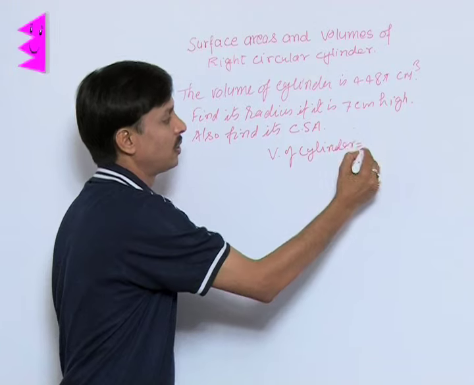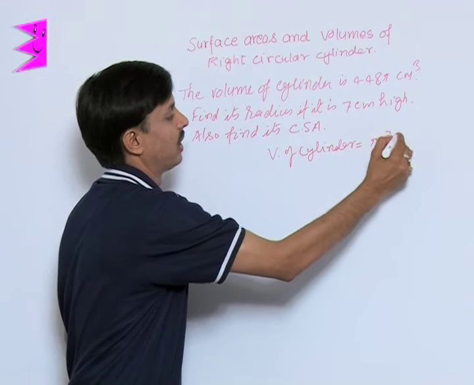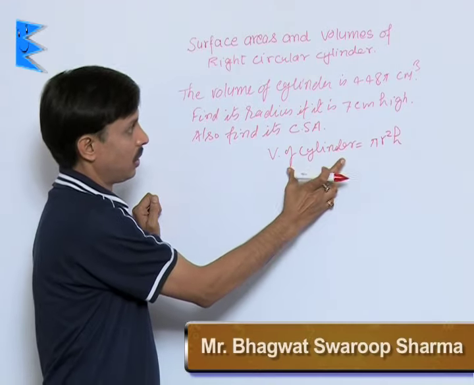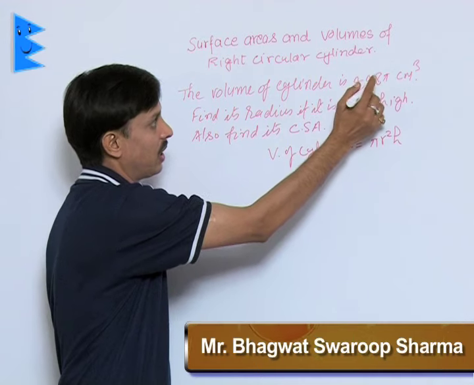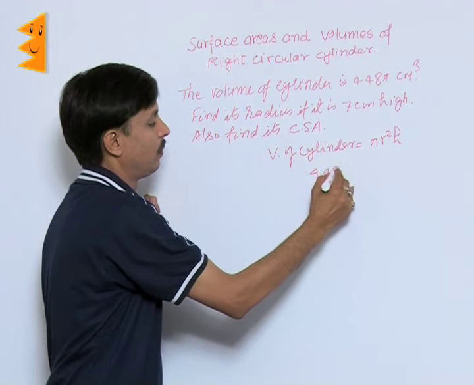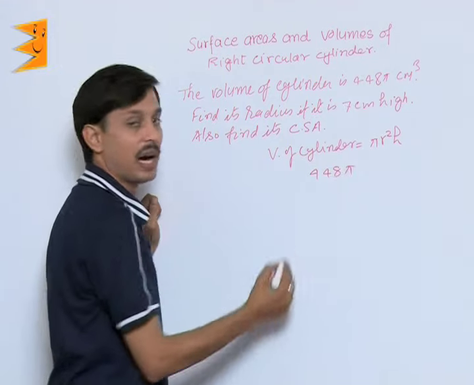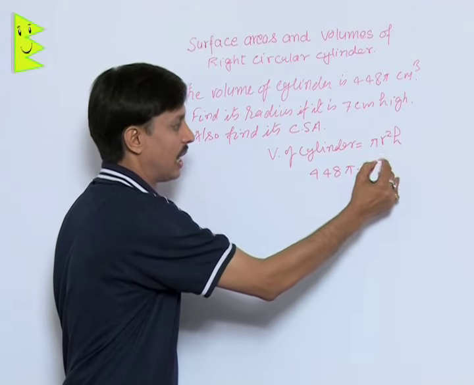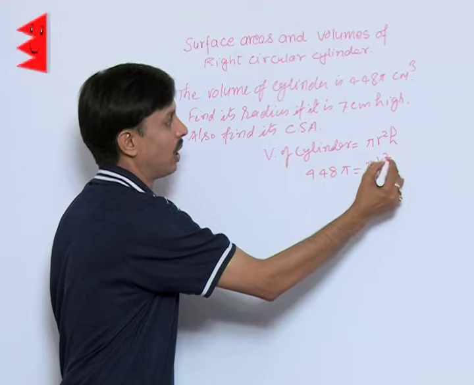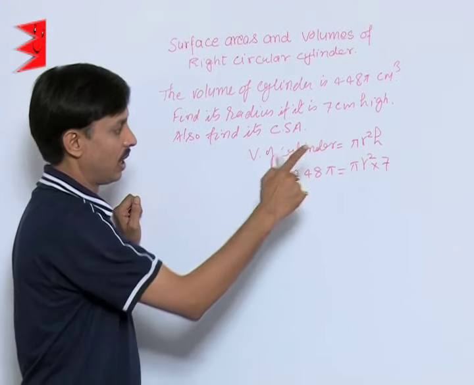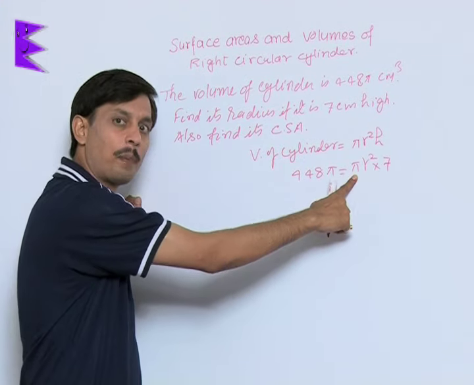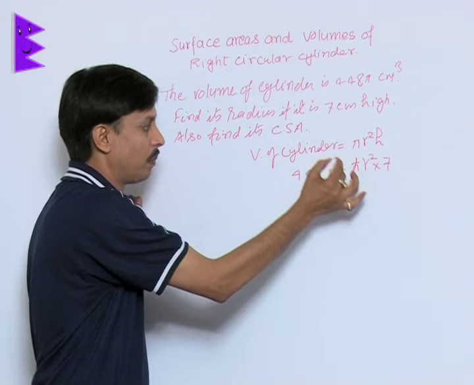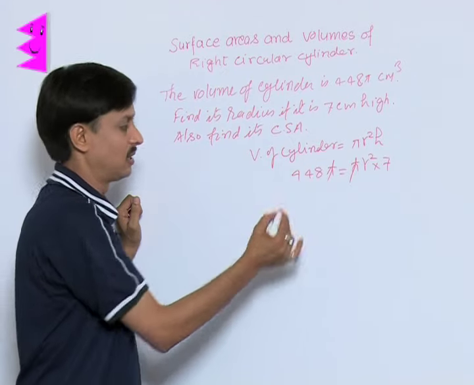The volume of cylinder, we know that, is pi r square h. The volume of cylinder is mentioned here: 448 pi is equal to pi r square into height 7. I have not put here the value of pi because I can see pi and pi will cancel.